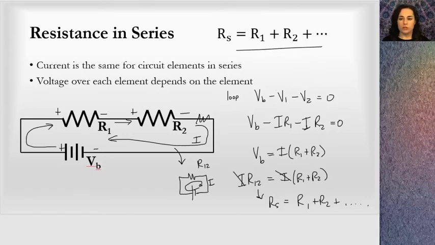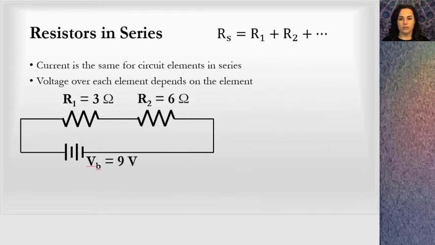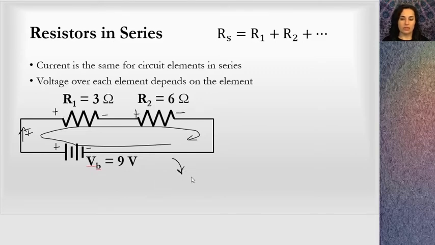So if I do a pretty simple example here, let's assign values to the resistors and battery in this circuit. What I'm going to do is, again, assign a current to this circuit. There's I, and I can do a loop. Here's the plus, minus, plus, minus, plus, minus. It simplifies down to this circuit.